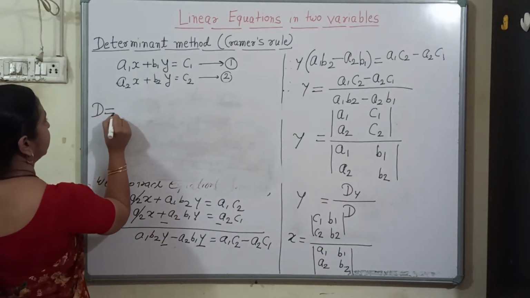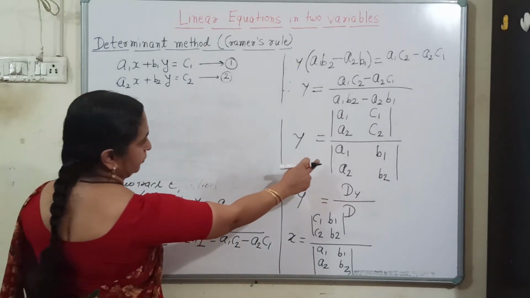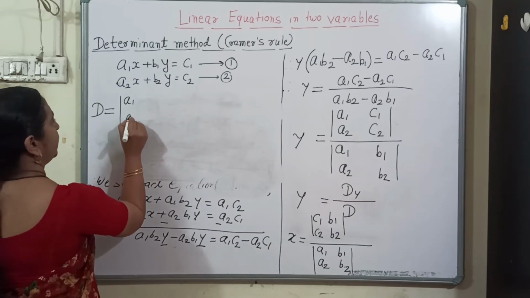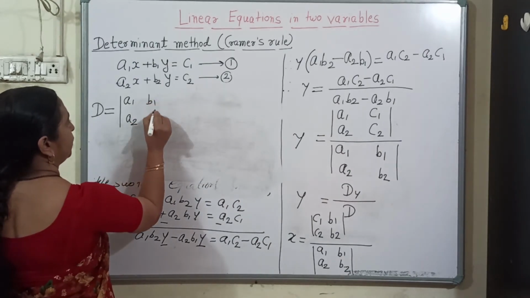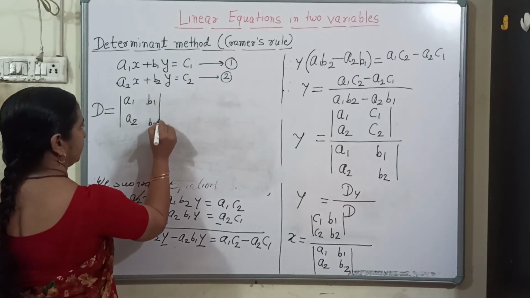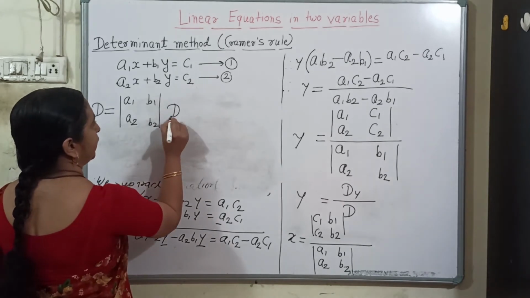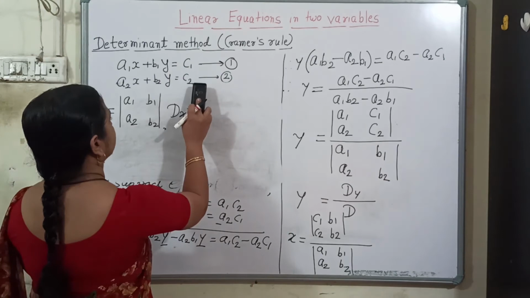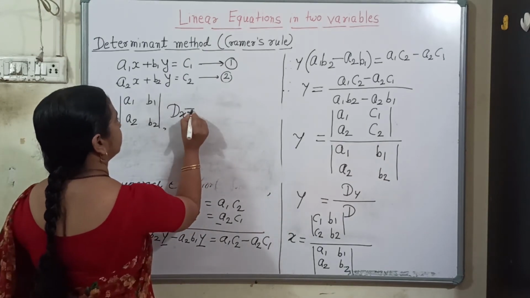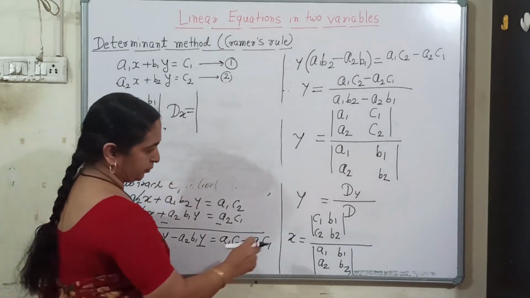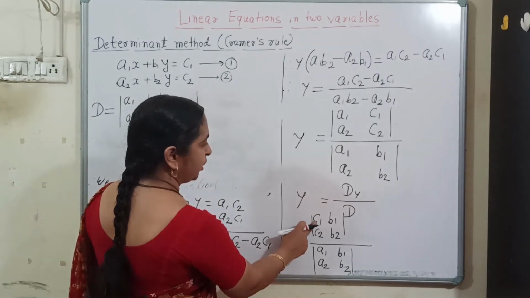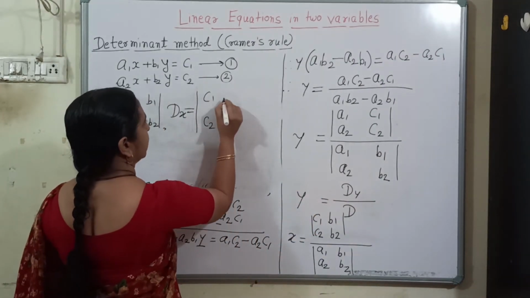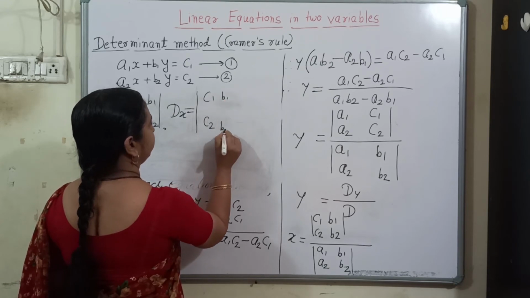First we write D. D is equal to the determinant in the denominator a1 a2 b1 b2. Then we write dx, determinant in the numerator c1 c2 b1 b2.